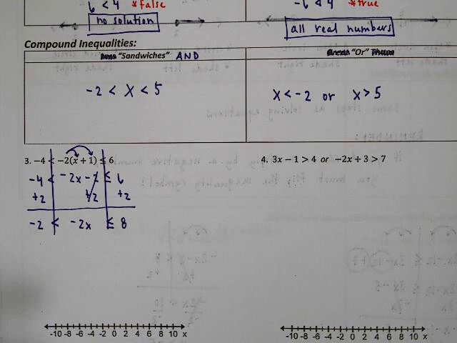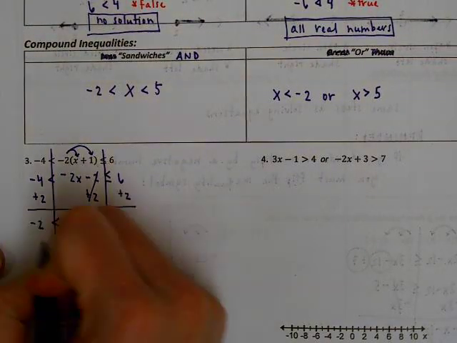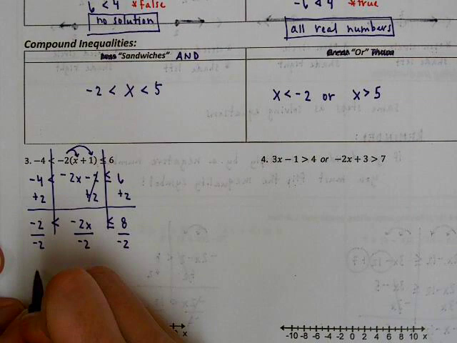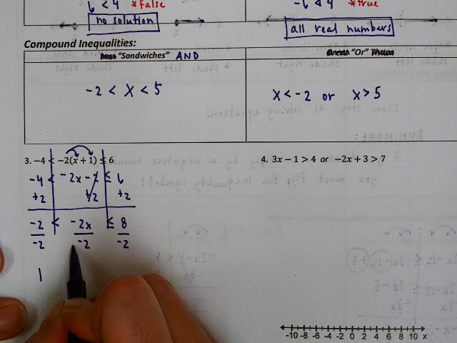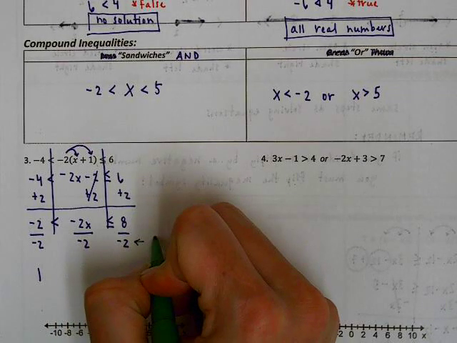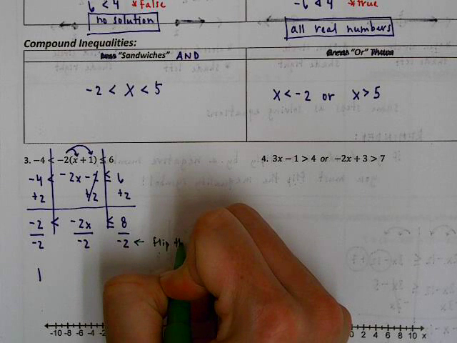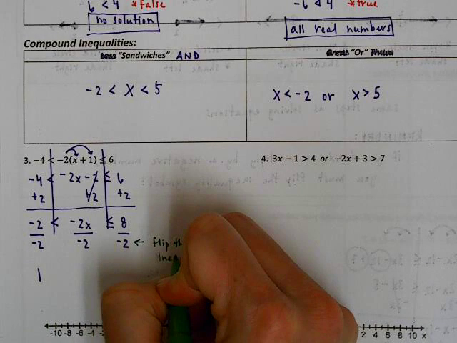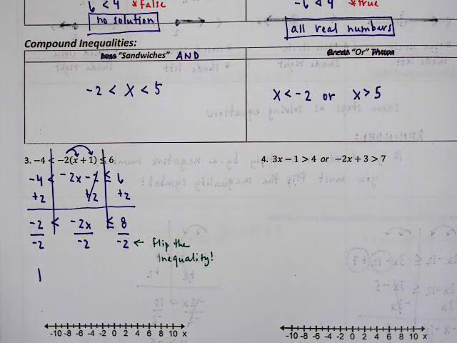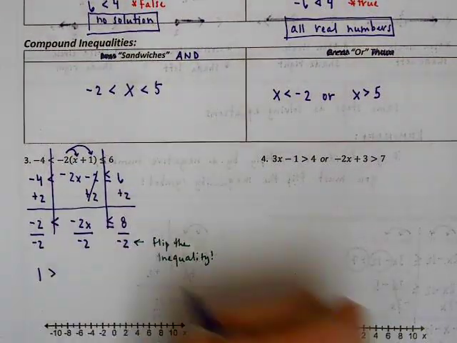Now to get x by itself, I'm going to divide by a -2. When I do that, I have a +1. Because I divided by a negative, I need to flip the inequality. So now instead of a less than here, I have a greater than.